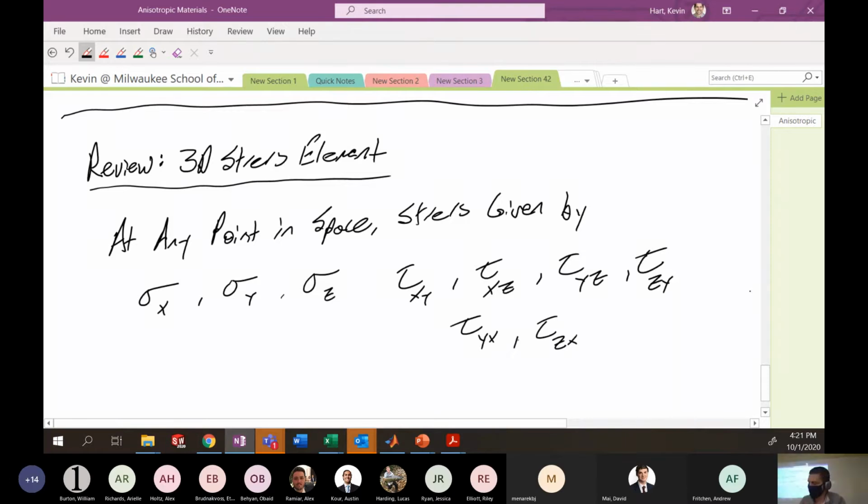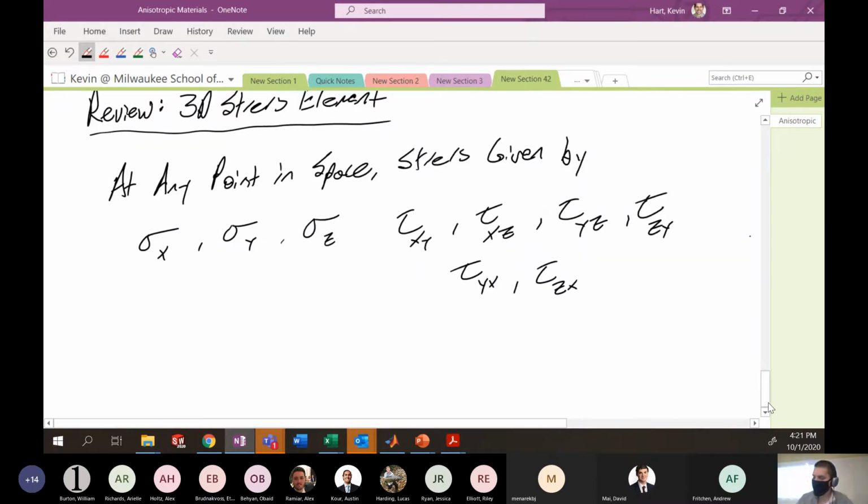Your 9 stress states, normal stress and shear stress, can be drawn on what we know as the stress cube.